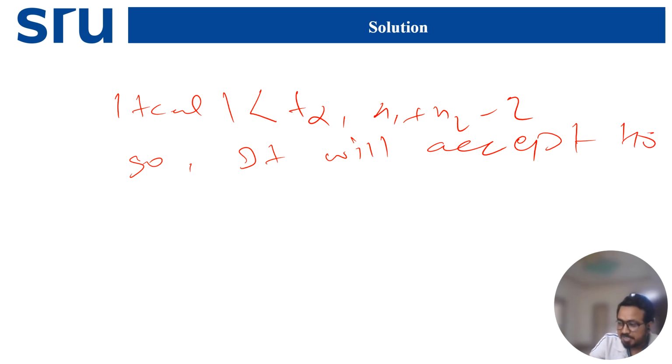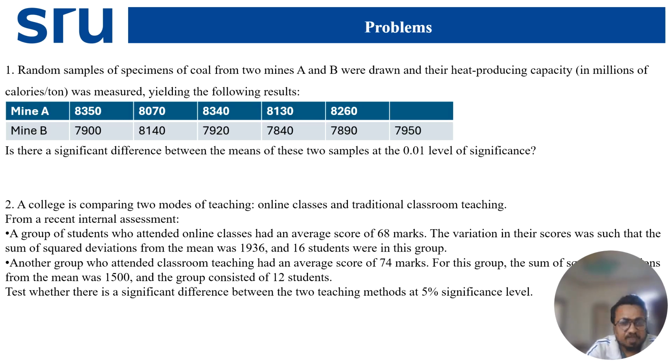It means medicine A and B do not differ significantly, as their means are equal. Now this is all about the equality of two means for two normal populations for small sample size. Now these are some problems for practice.